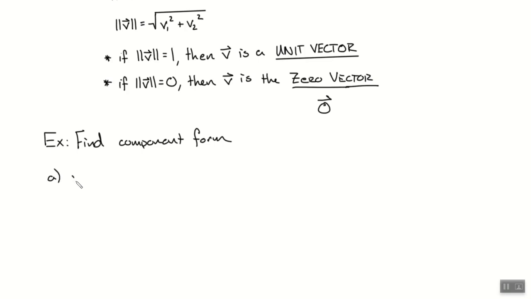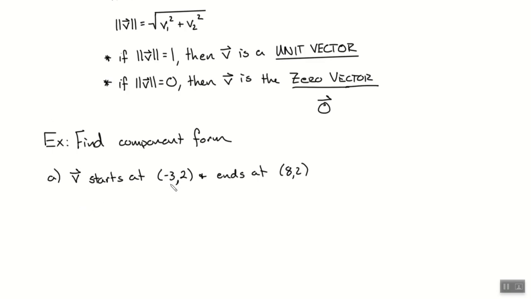On A, we have a lovely vector v that starts at (-3, 2), so that's our initial point, and ends at, let's say, the lovely point (8, 2). So there they are. When we look at this, nothing crazy about it.